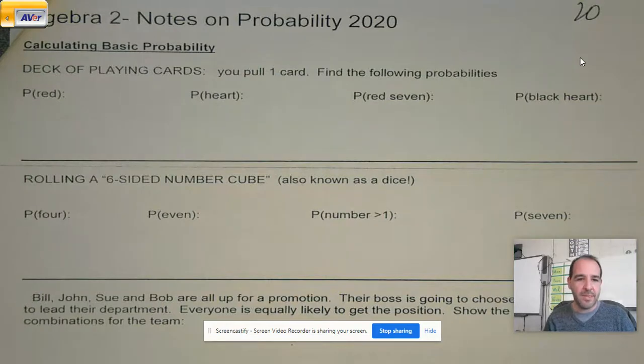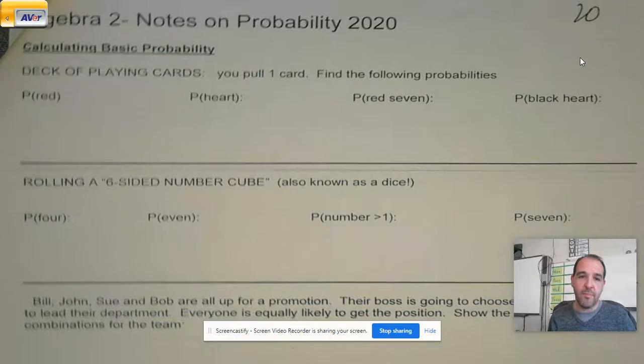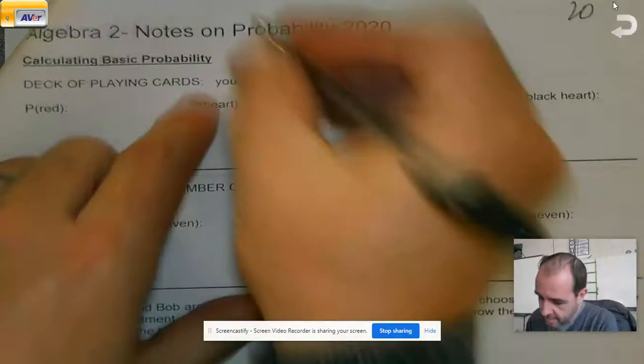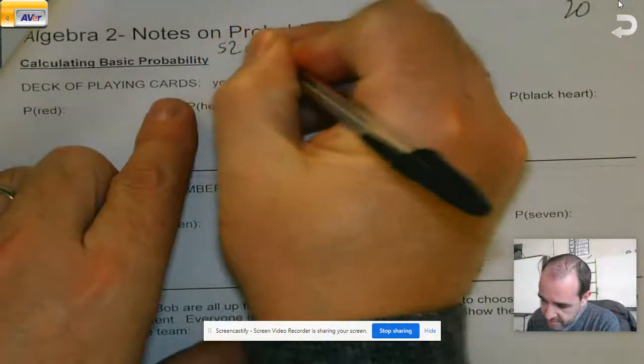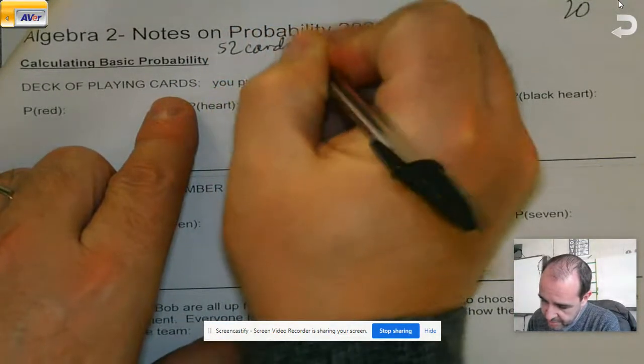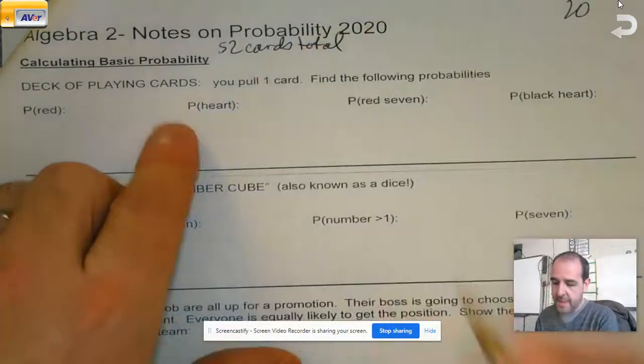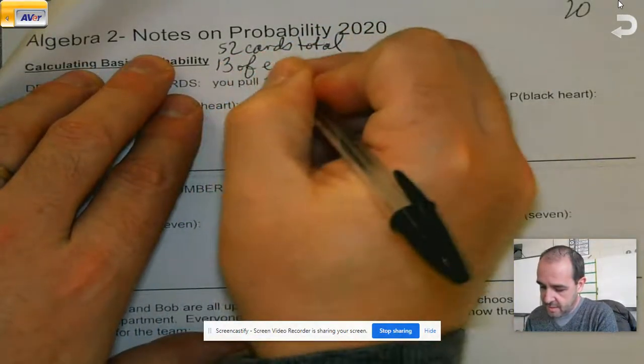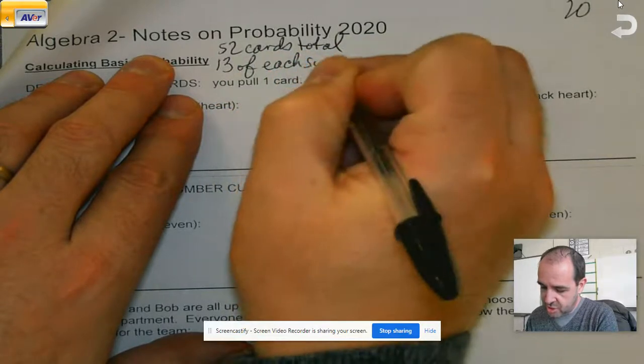So calculating basic probability. We're going to start with a deck of playing cards. Now, I will have some people out there that have never dealt playing cards before, so we're going to take a couple notes here at the start on what it is, some of the numbers, things like that, so you can know these things. There's 52 cards total in a deck of cards. There's 13 of each suit.